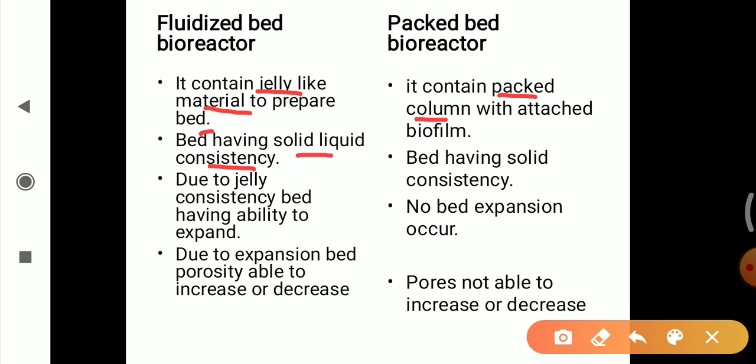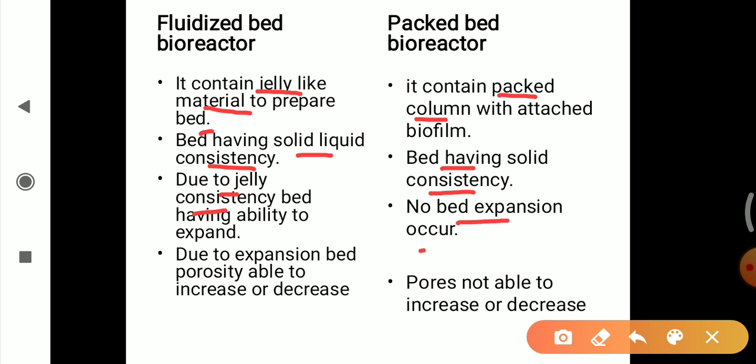Due to the jelly-like material, the bed has a solid-liquid-like consistency. In the packed bed bioreactor, solid raw material is used to form a column, and the entire bed has a solid consistency. Due to the jelly-like consistency, the bed can expand.